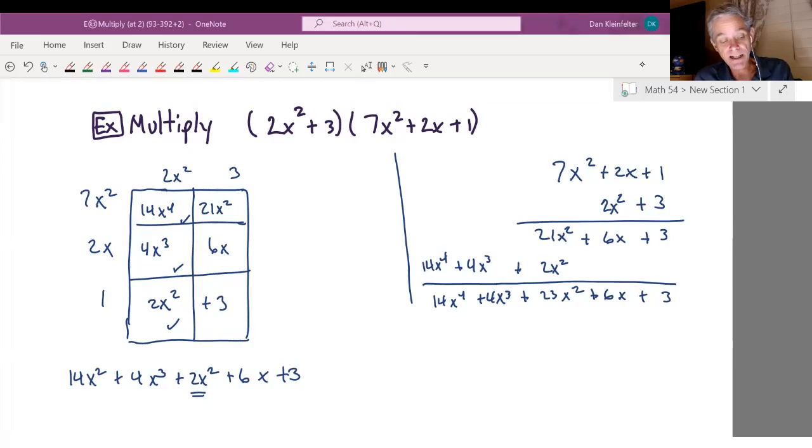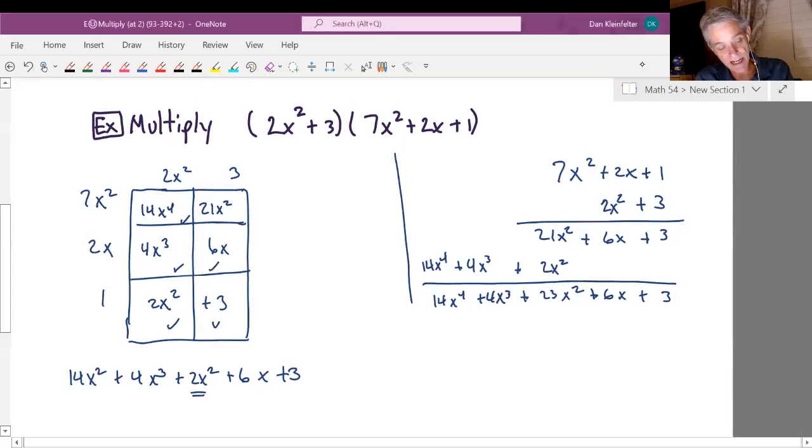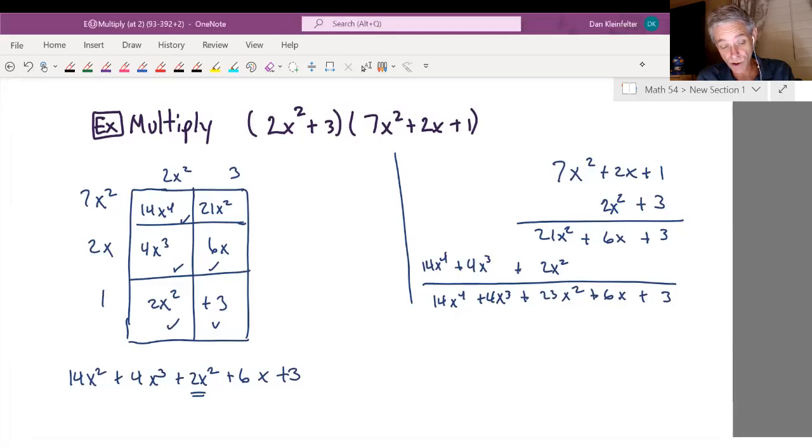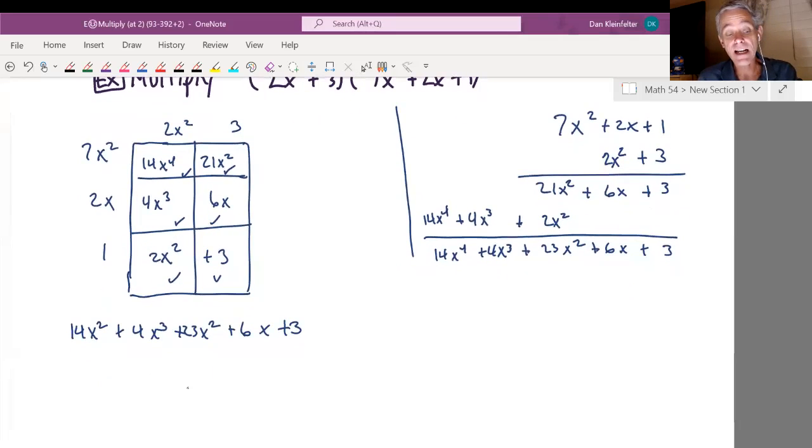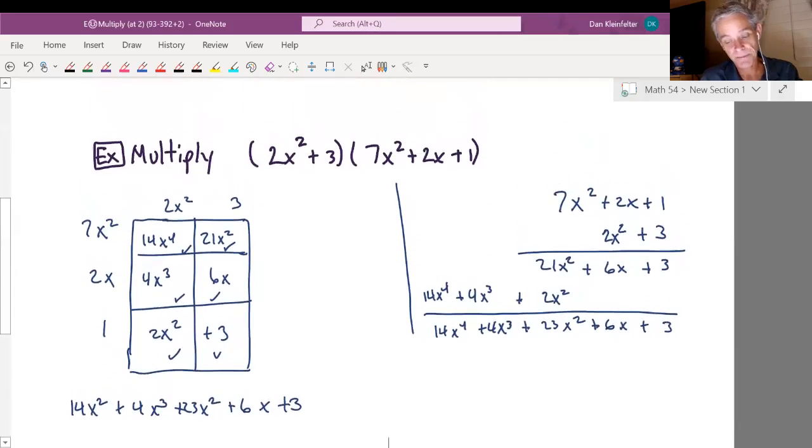You see my check mark down here in 2x squared, so I know I counted that one, and I have the 6x and the 3, but I had not check marked the 21x squared, so that's what's missing. I should have 21 plus 2, 23x squared. So let me fix that. Okay, so that's all better now. There was nothing especially wrong with my method. It's just that I had neglected to total all the terms.